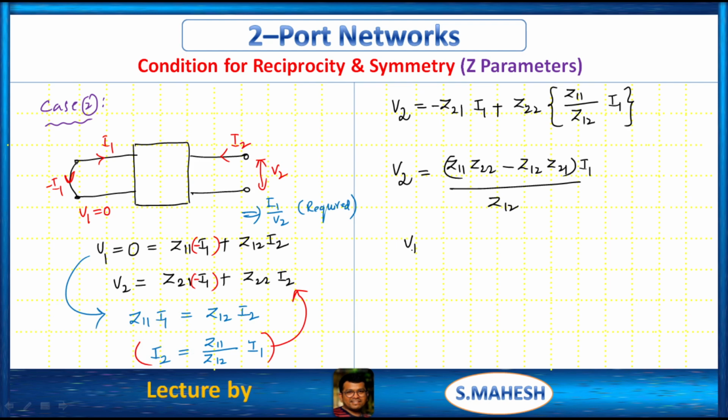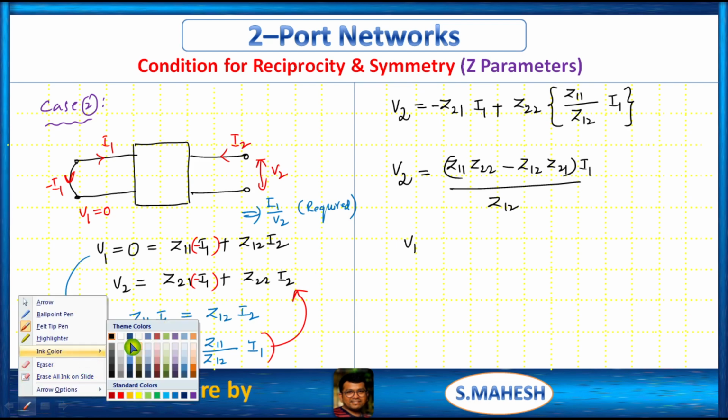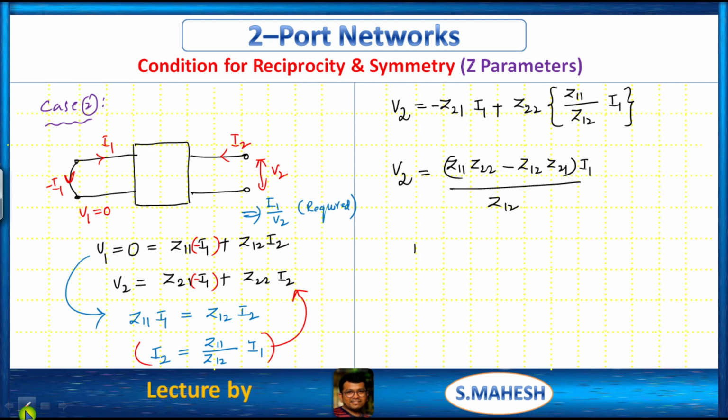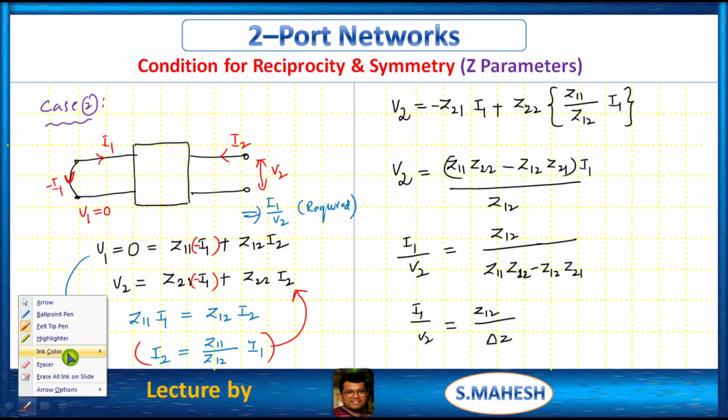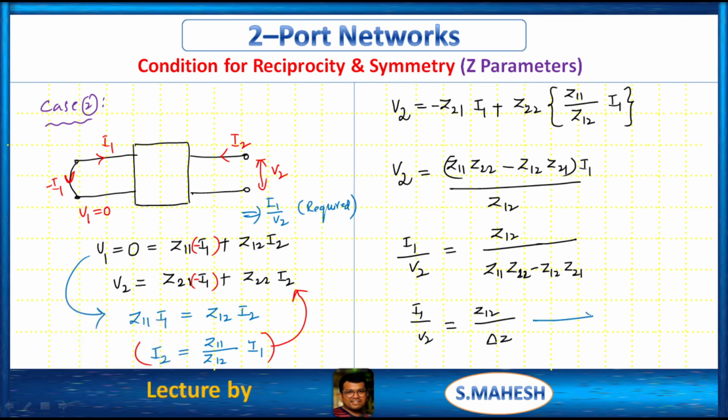From this, I1 by V2 is Z12 by Z11 Z22 minus Z12 Z21. So I1 by V2 equals Z12 by delta Z. This is equation 2.